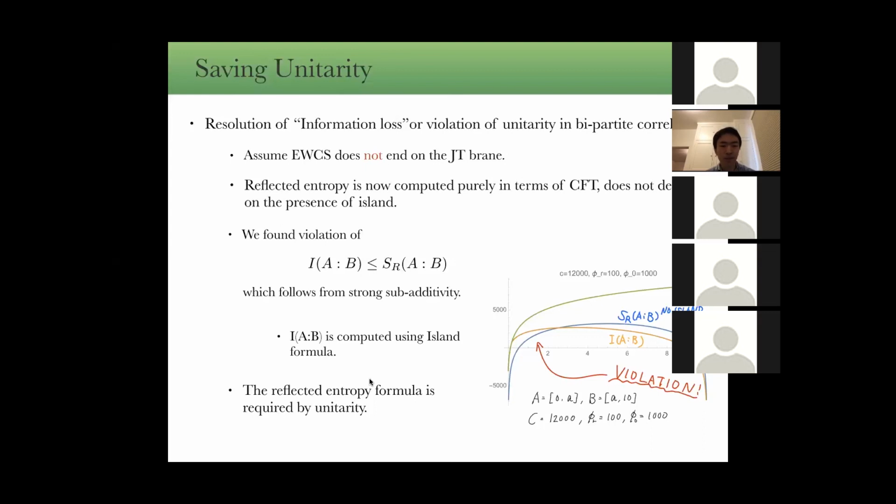Is that the same type of breakdown of unitarity that we're worried about when Hawking says that information is lost? Oh, that's a good question.